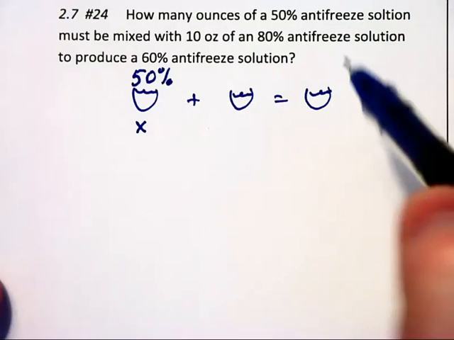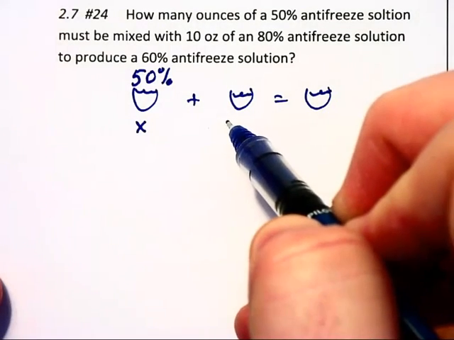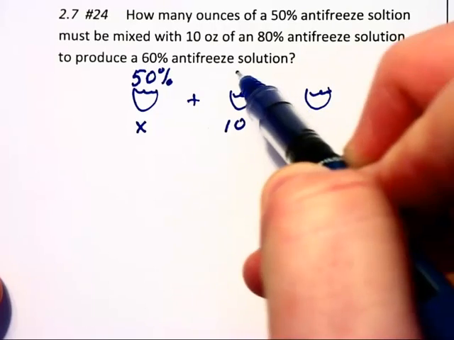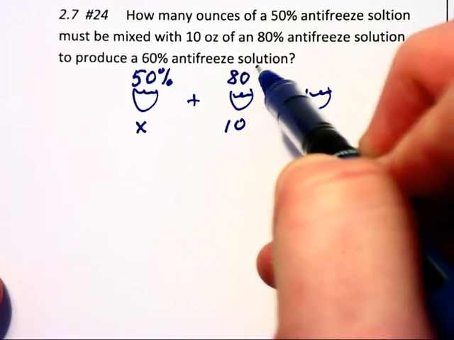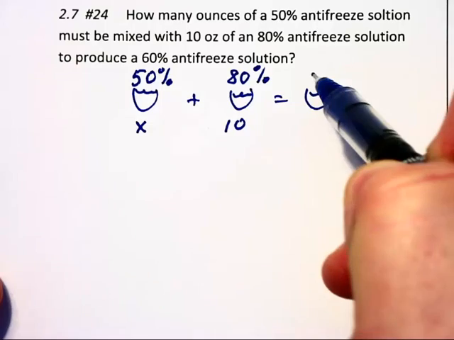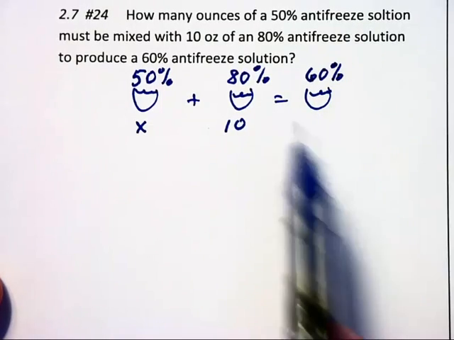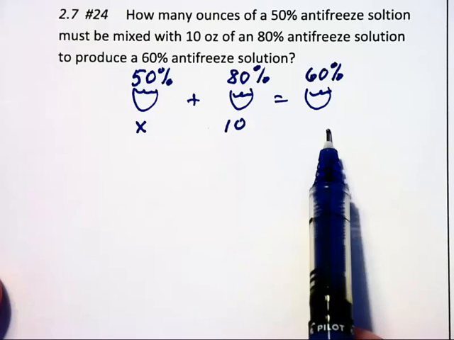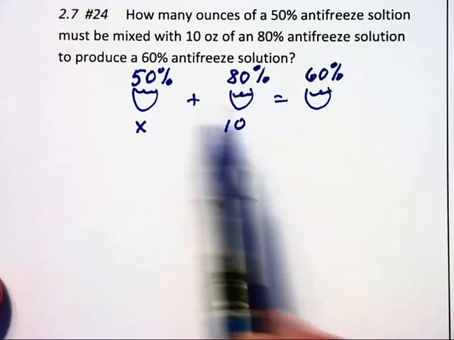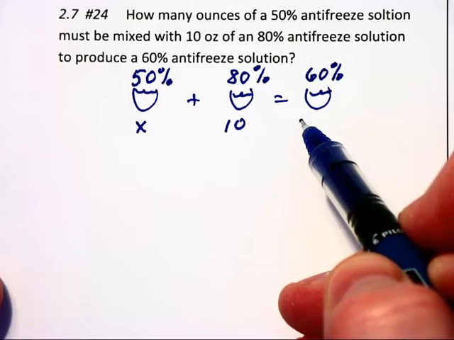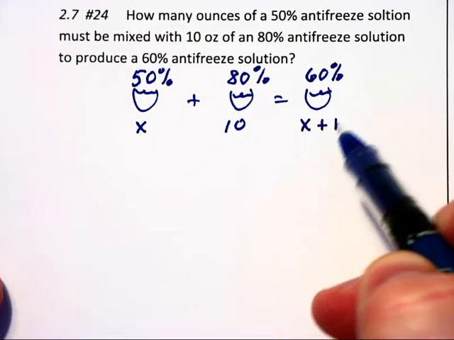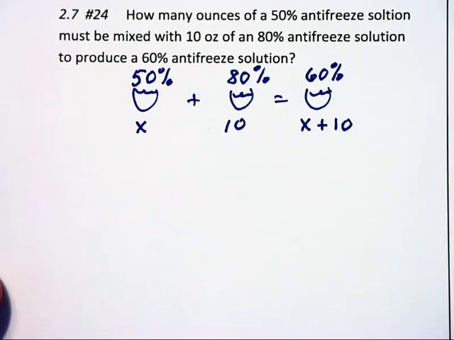Must be mixed with 10 ounces, that's an amount, of an 80% solution, there we go, to produce a 60% solution. Now it doesn't tell us how much of it we have, but there's the 10 ounces plus the original amount, which tells us there's really x plus 10 ounces of this final concoction.